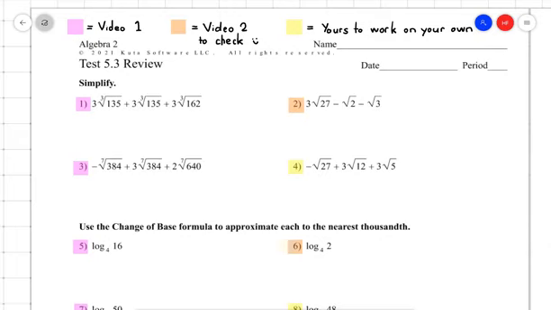and 3 to the third times 5. So we'll rewrite this. And then we'll do 162 as well, and it is 2 times 3 to the 4th.